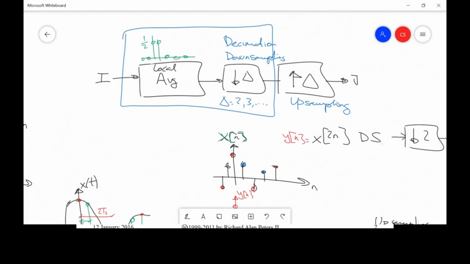Okay, so let's put numbers. So let's put sizes. So this is n times n, let's say. Here it is n divided by delta times n divided by delta, and this one is again n times n.